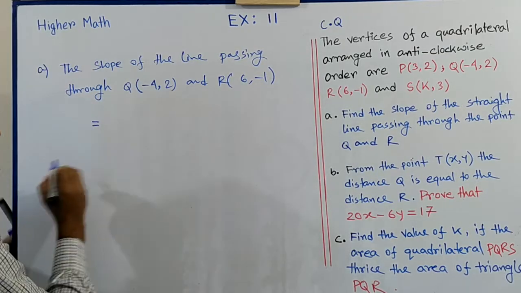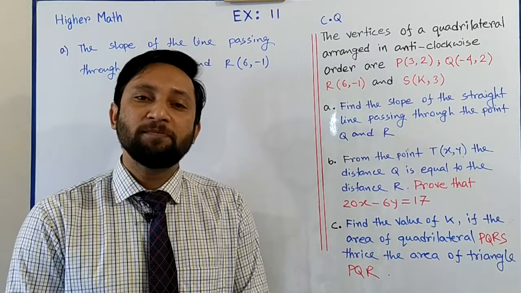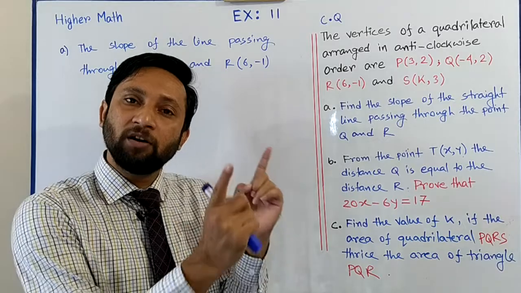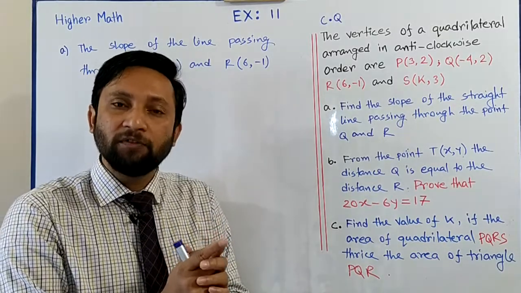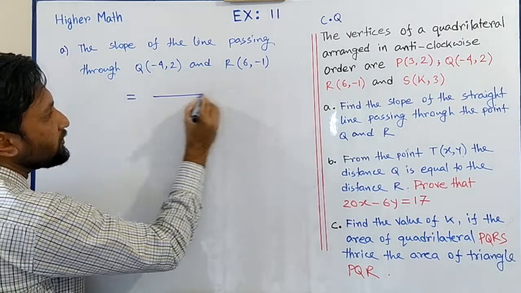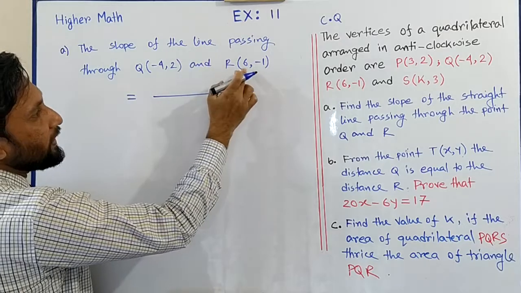So the slope, we already know, for a line which passes through two coordinate points is the ratio of the difference of ordinates and the difference of abscissas. Follow this. Here the ordinates are 2 and minus 1, and the abscissas are minus 4 and 6.